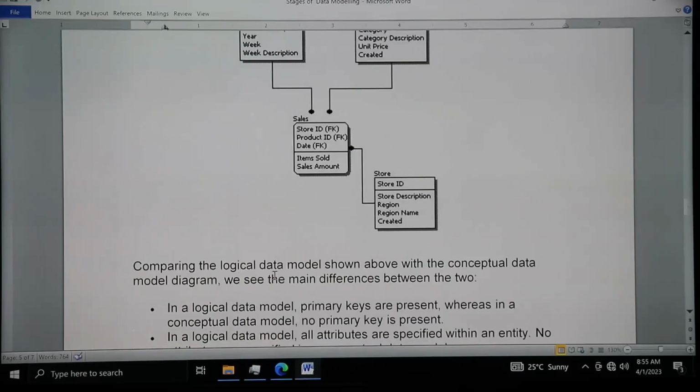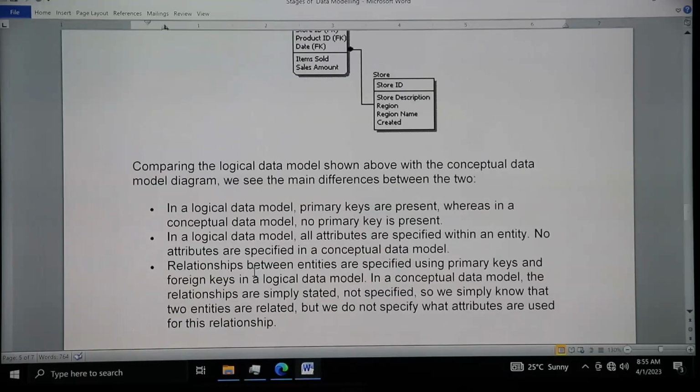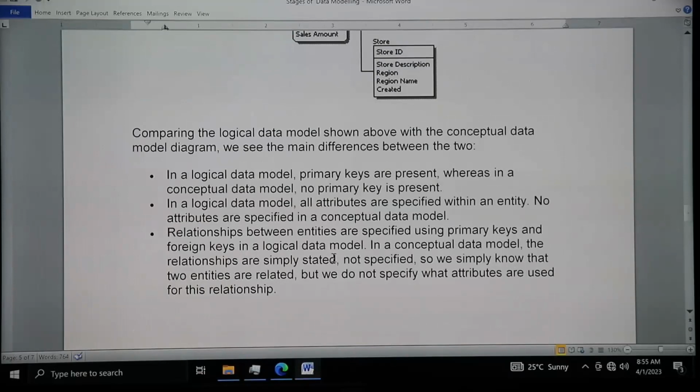So comparing the logical model and the conceptual model we discussed earlier, you have several differences. One, in a logical data model, primary keys are present. But in the conceptual data model, there are no primary keys present. In the logical model, all attributes are specified within an entity. No attribute is specified in the conceptual model.